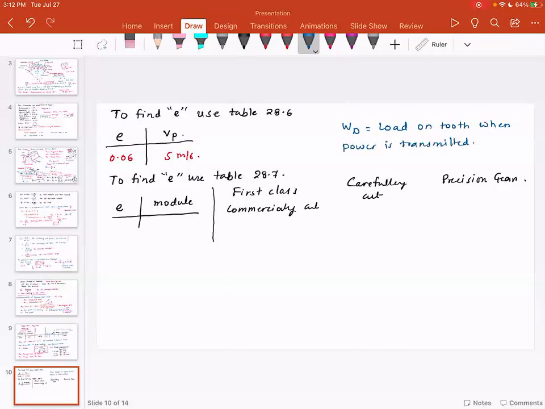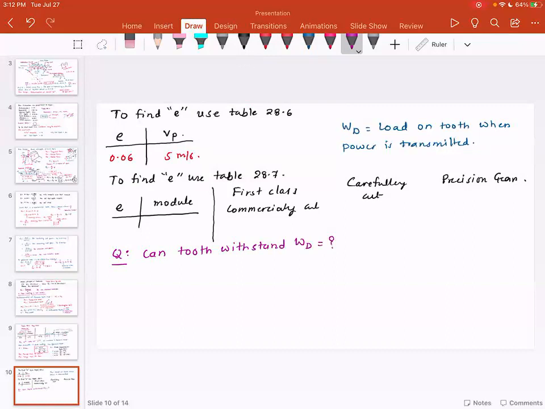But the question here is, let me state the question: can the tooth withstand WD?